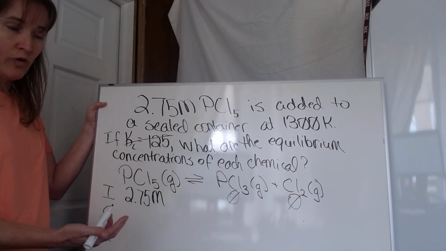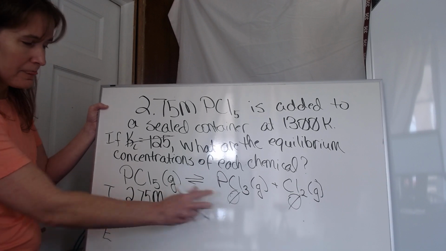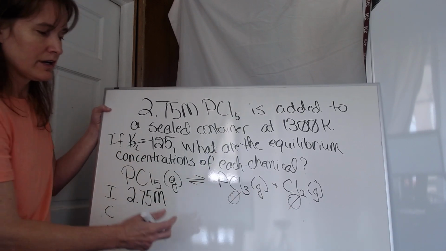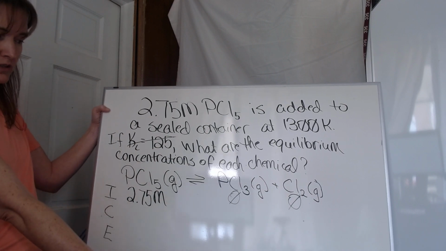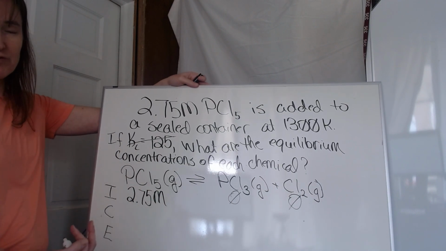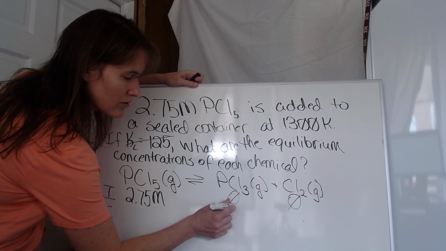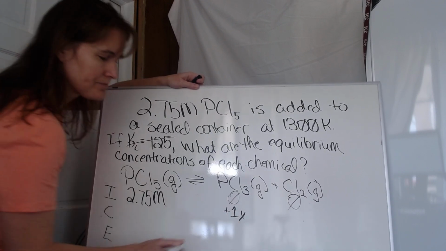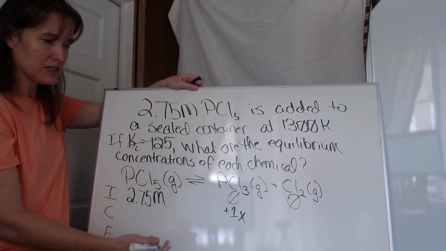Right now they're all 1s. For this change, I've got a 0 there and a 0. Whenever you have a 0, it means that you're adding chemicals, because subtracting means you've reacted. So on this side, it'll be plus 1x, because the coefficient is 1 and you don't know how much it is.